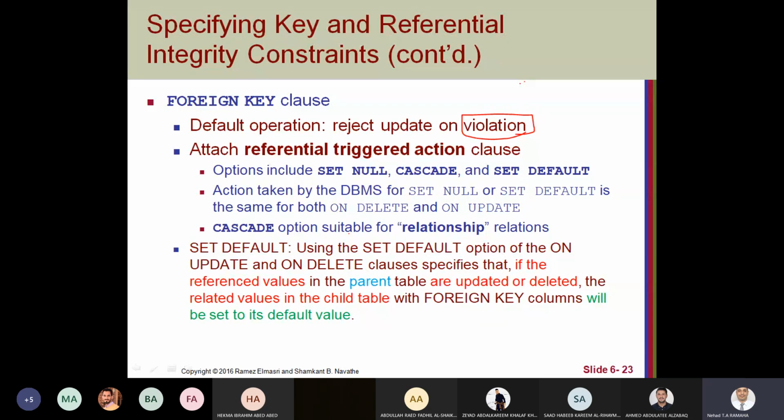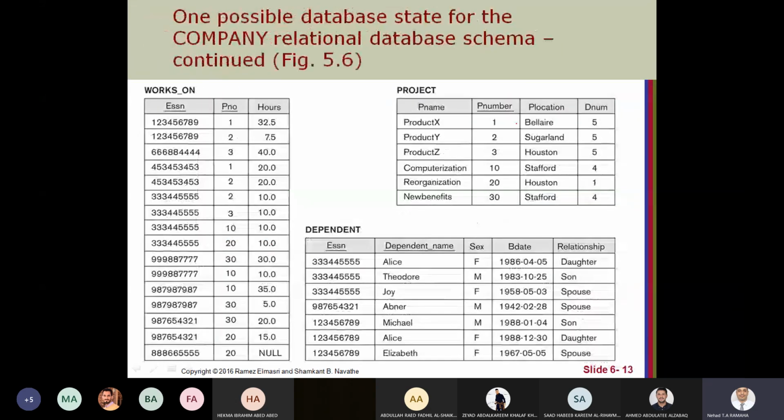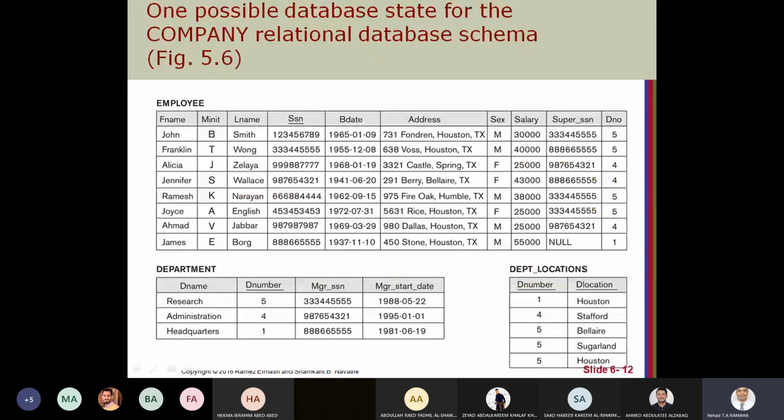I need the database itself here. Let me see what we have here: project, dependent. Okay, let's speak about department location and department. Here, this is the foreign key, and here it's the original primary key.